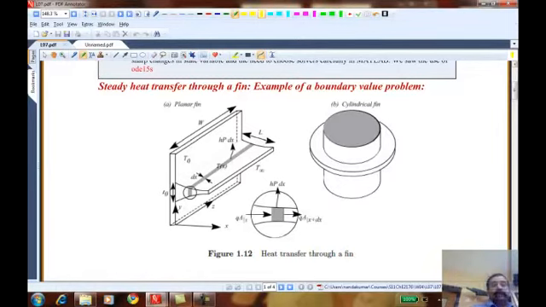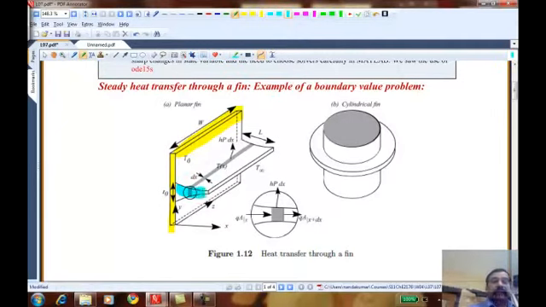So it is a very commonly used device. We're taking a simple idealized example to build the model and analyze it. What is happening is you have a base plate onto which we are putting an extended surface.